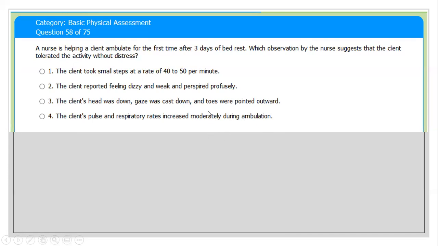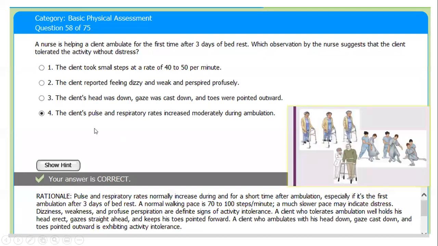Moderately, right? The correct answer is number four. The client's pulse rate and respiratory rate increased moderately, not too much, during ambulating. Rationale: pulse and respiratory rate normally increase during and for a short time after ambulation, particularly if it is the first ambulation after 3 days of bed rest, immobilization.